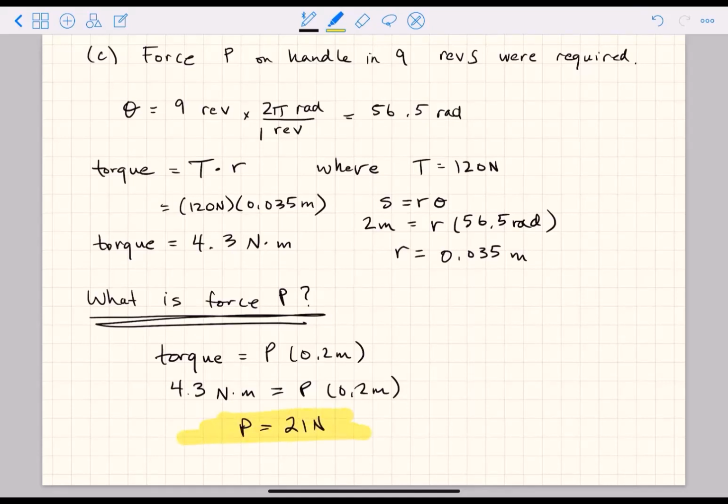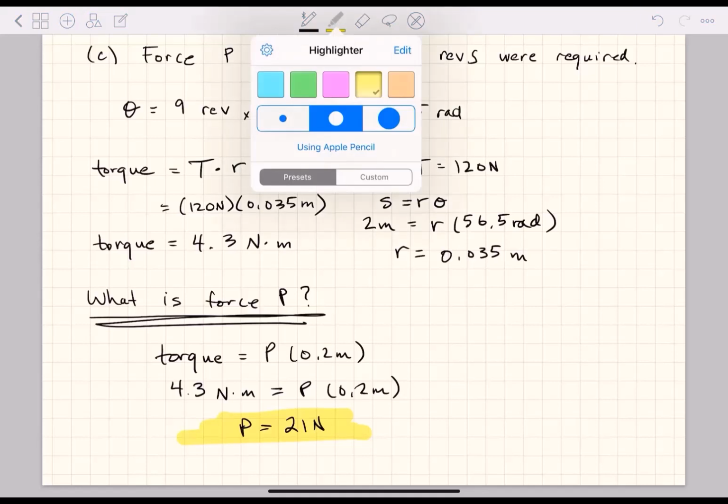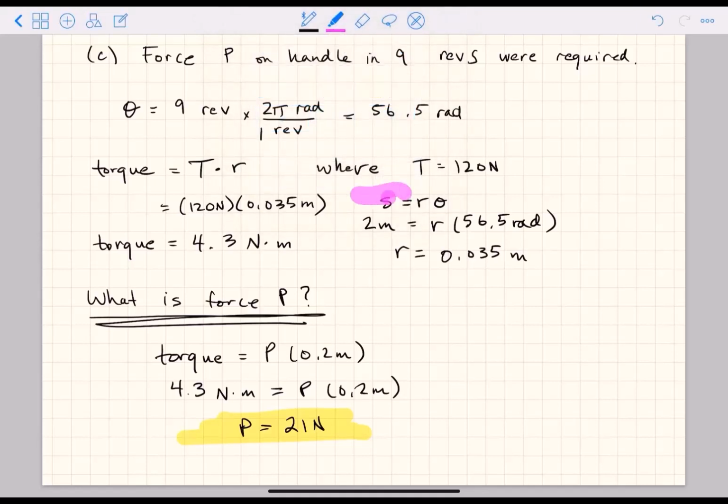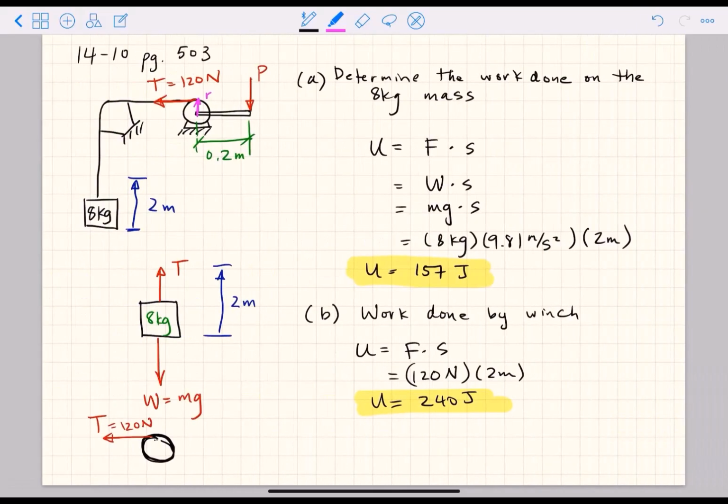So that one, definitely a little bit more complicated, and wouldn't have been completely obvious, especially if you didn't remember our equation for the conversion between linear and angular displacements. And also the key, of course, understanding that there is torque being applied. We hadn't really talked about that before, but there is a torque at the winch, and there's 2 of them going on here.